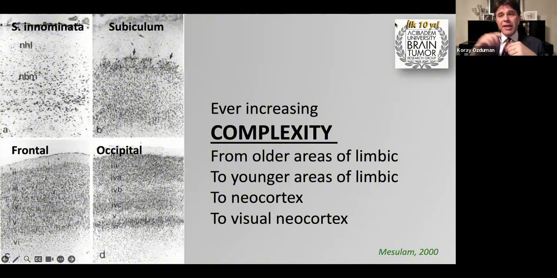And when we look at the isocortex towards the occipital pole, where the vision function is located, you start seeing 8 layers. So the more complex the functions you're doing, the more complex and the more orderly the anatomy becomes.